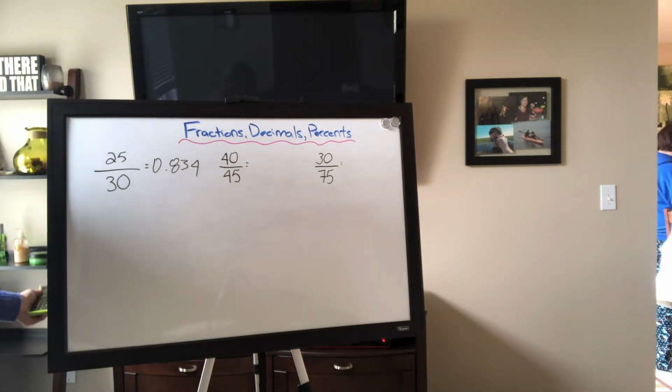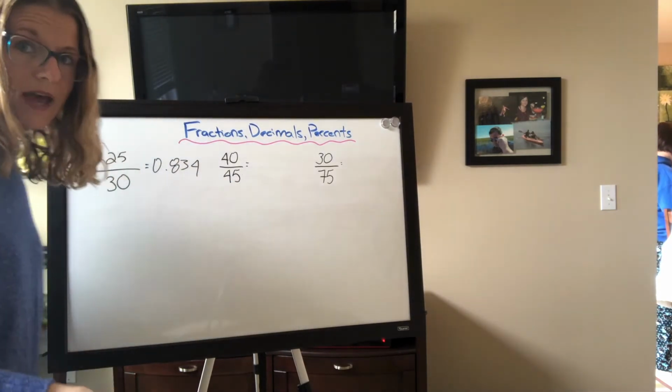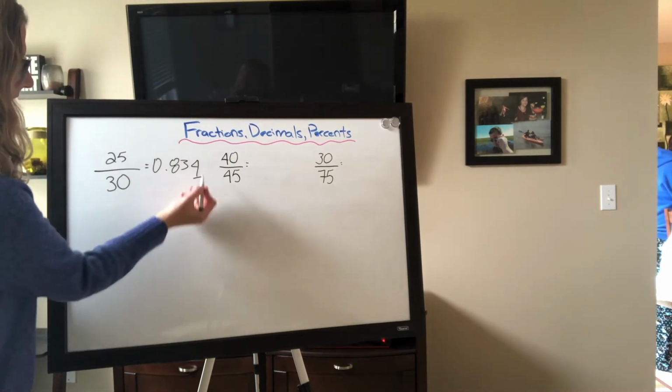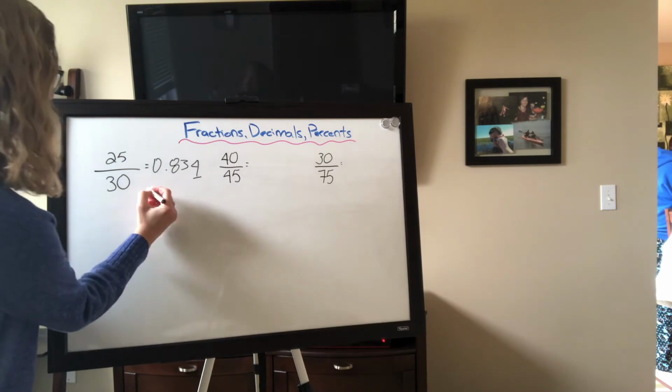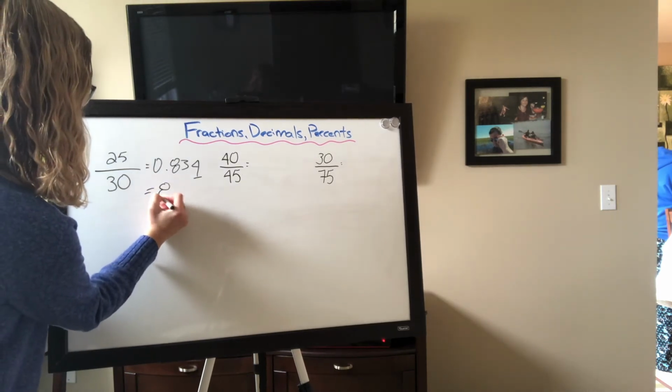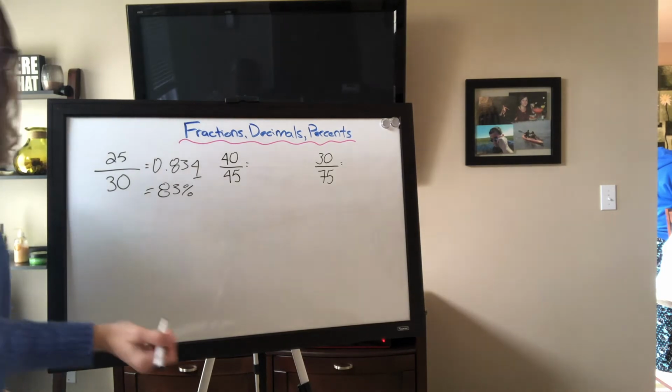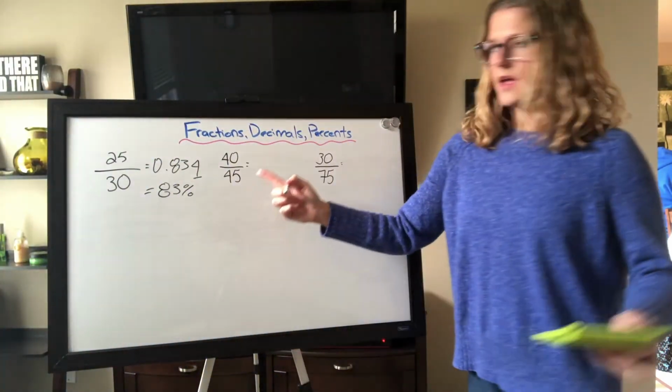So that's a decimal, but we're going to turn that into a percent. We're going to look at this number here. It is not greater than 5, so my percentage would be 83%, because we are going to round down in this case.